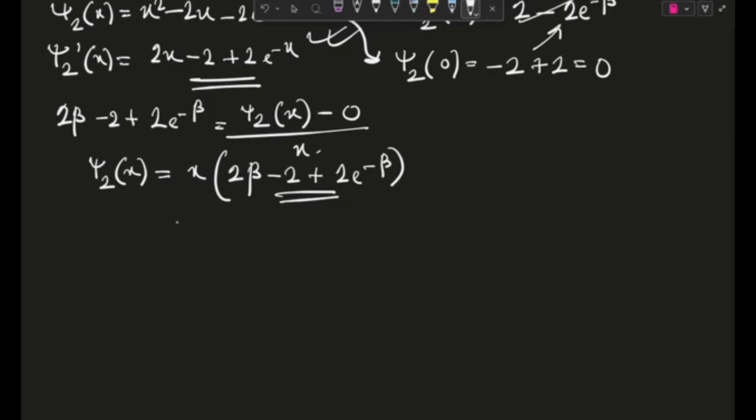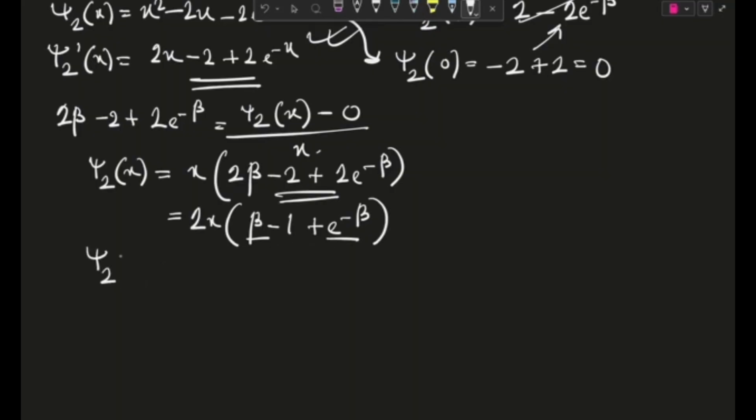So basically now we can easily write this thing, like the result we actually had. We can take 2 common out, 2x. So we will have beta minus 1 plus e power minus beta. And as you can observe, if we leave out our minus 1, this thing and this thing actually make up xi1 of beta.